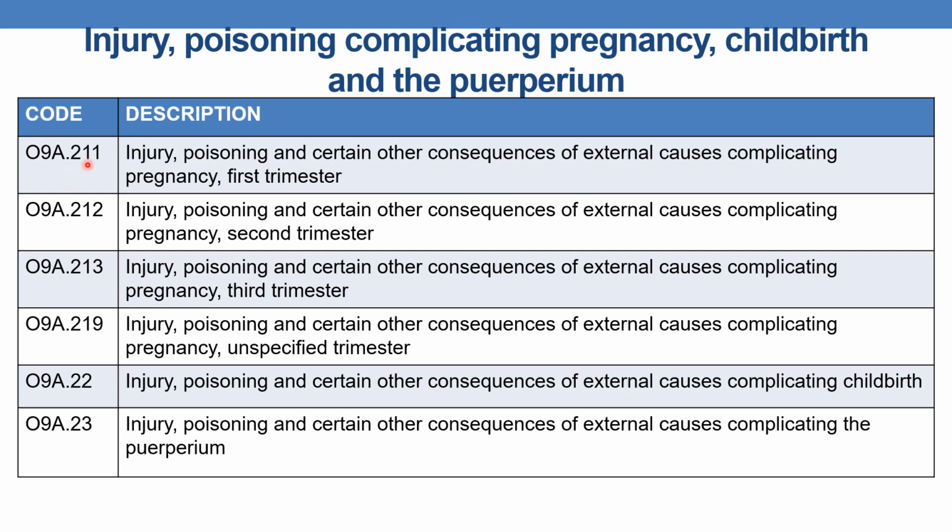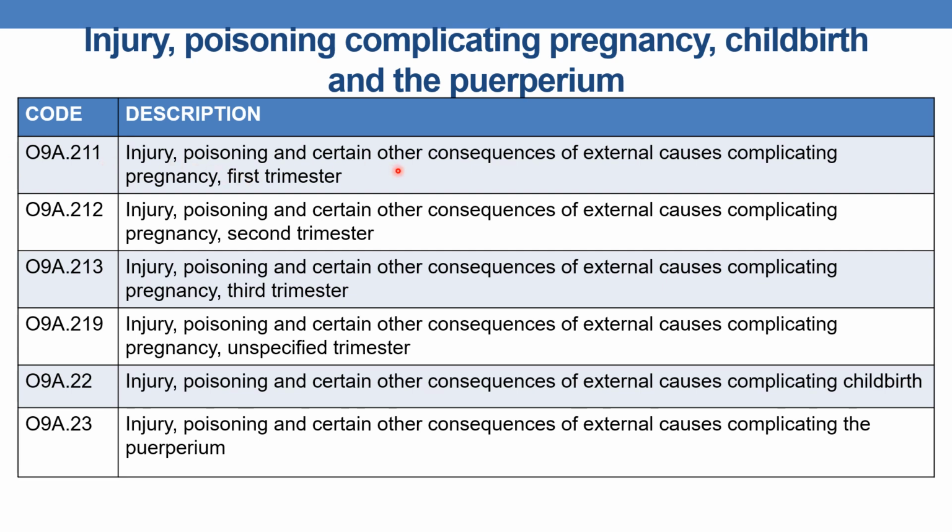If you count 1, 2, 3, 4, 5, here the fifth character 1 indicates pregnancy, fifth character 2 indicates childbirth, fifth character 3 indicates puerperium. And the sixth character 1 indicates first trimester, sixth character 2 indicates second trimester, sixth character 3 indicates third trimester, 9 indicates unspecified trimester. So the codes for injury, poisoning complicating pregnancy, childbirth and puerperium are O9A.211.